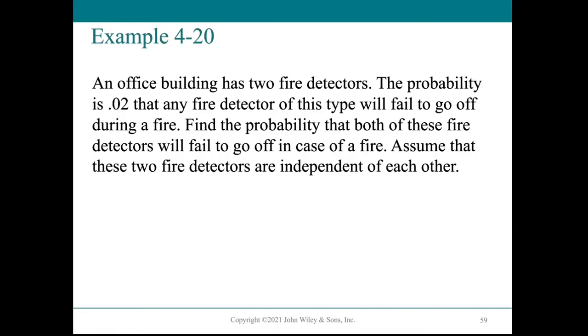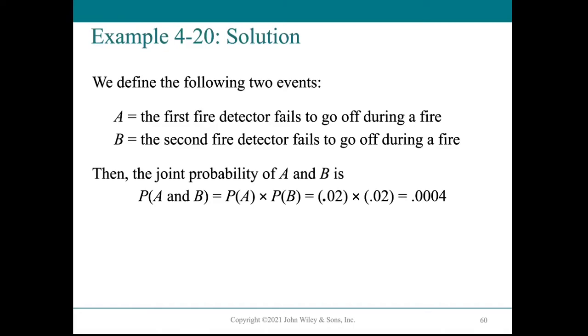So you have two fire detectors. Each of them has a probability of failing of 0.02, that means 2% of the time. So what is the probability that both will fail? Let A be the first fire detector failing to go off, and B the second detector failing to go off.